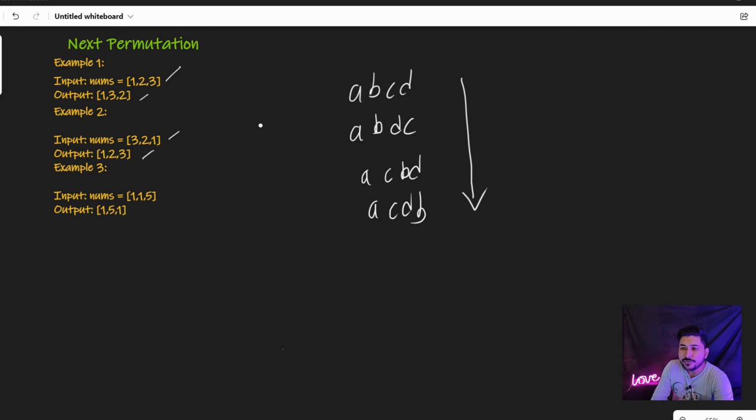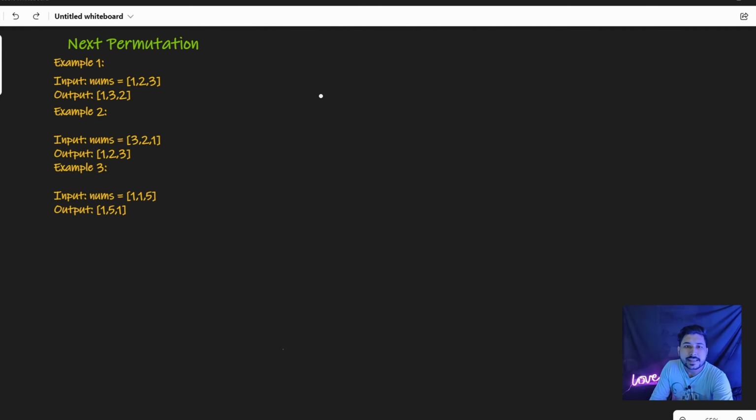Now, how can we find the next lexicographical order here? It can be found in two ways. One is brute force, which basically says to find all lexicographical orders of the sequence, match the sequence that you are given, and whatever is the next one in the ascending list, just take as output.